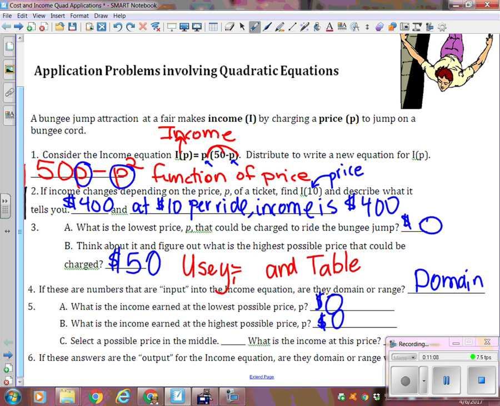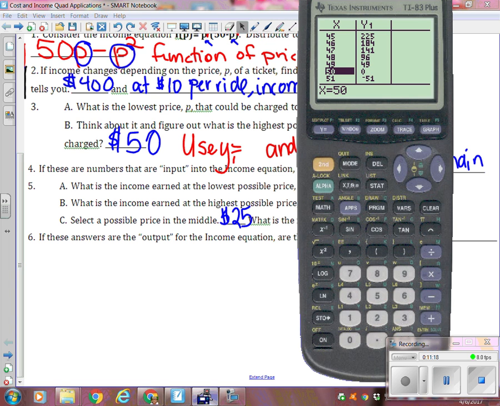Next question says, can you pick a possible price in the middle? So give me a ticket price between 0 and $50 that would make sense. 25. Now, can you use your table and tell me what's the most income that you can make at this price? All right, so we're going back up to 25. So the first thing we've had to do is we used our table to figure out, sure enough, when I go to $25, above 25, I'm making 624.